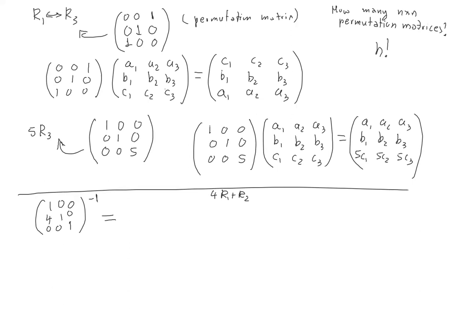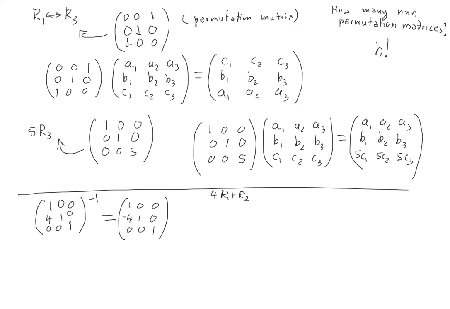What undoes 4 row 1 plus row 2? Yes, -4 row 1 plus row 2, not minus row 2. So the one that undoes it is -4. So the inverse matrix is going to be simply this. So you just take the opposite of the off-diagonal entry. So that's how you find the inverse matrix of such an elementary matrix.